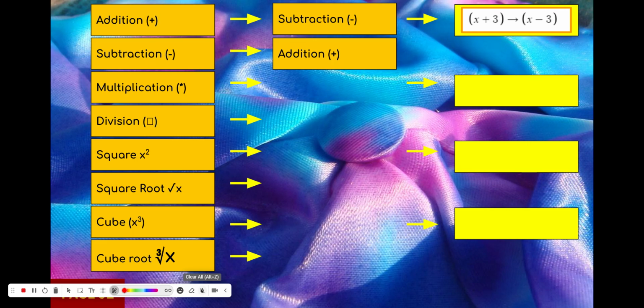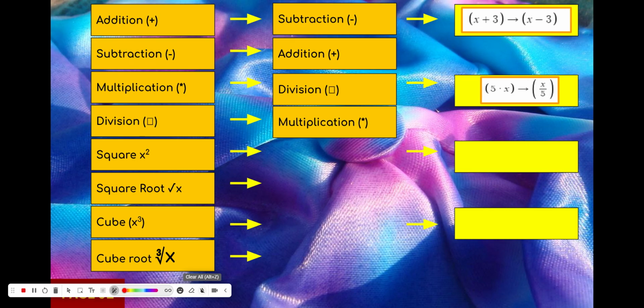Now, the inverse of multiplication is division. For example, if you're multiplying 5 times x, the inverse would become division, which is x over 5. Now, division has an inverse of multiplication.